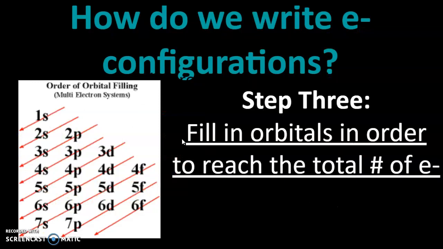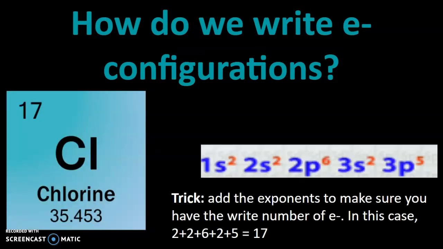You're going to fill in the orbitals in order to reach a total number of electrons. And so in this case, you're going to start filling in the electrons inside each orbital. Again, remember that S only holds 2, P holds 6, and then they increase by quantum numbers.